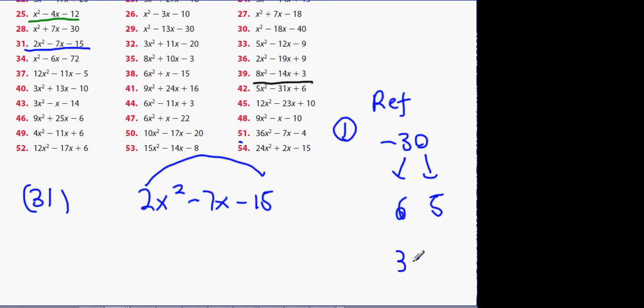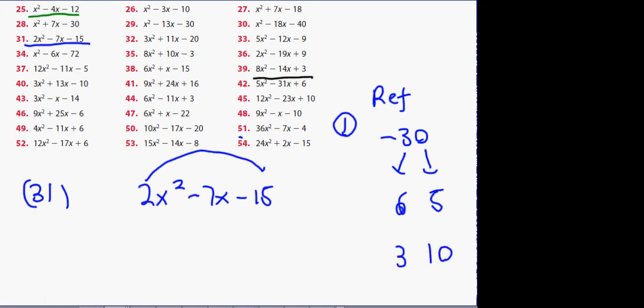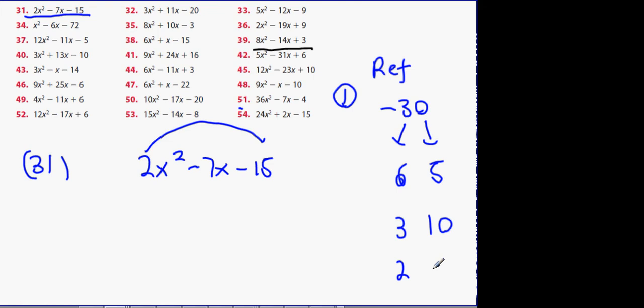Go again. 2 and 15. Stop there. One of them has to be negative. How do I know one of them has to be negative? Because it's minus 30. In all minus reference numbers, one of the factors has to be negative.